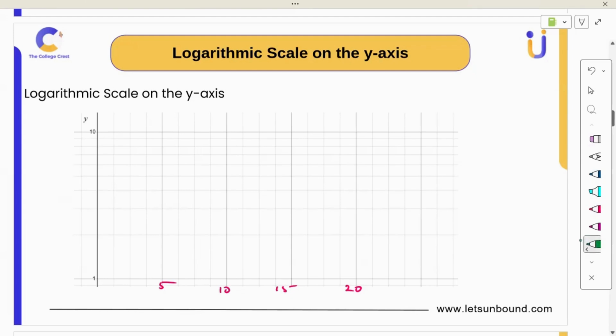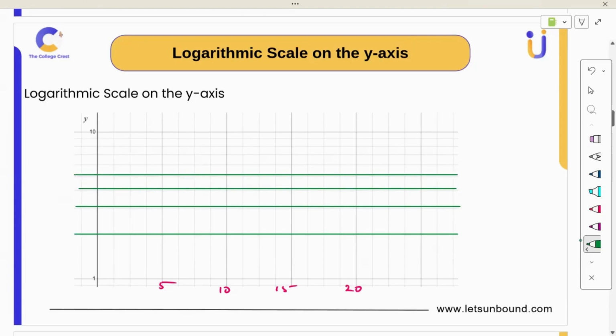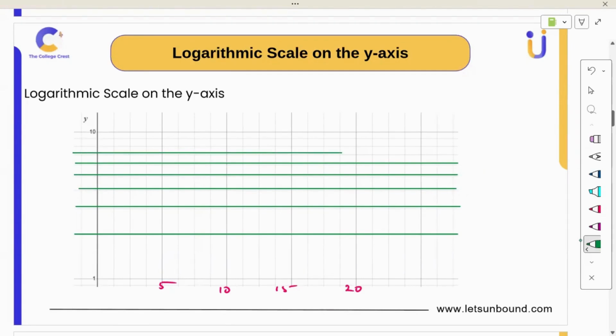So 1 to 10, I hope you can see this. There is a line like this. Between 1 and 10, it's not evenly divided, but it's divided something like this. Let me draw this. The logarithmic gaps are not equally spaced, they will be spaced like this.